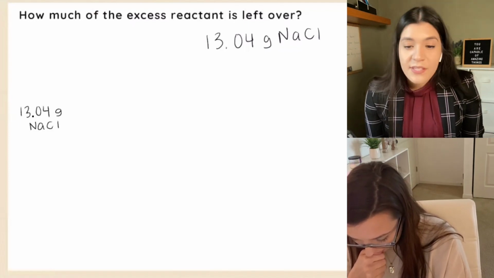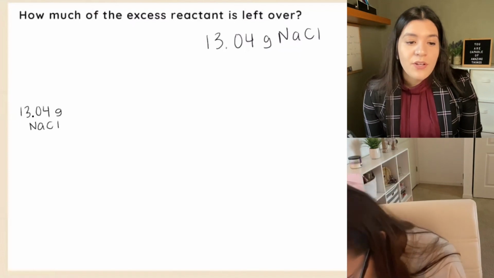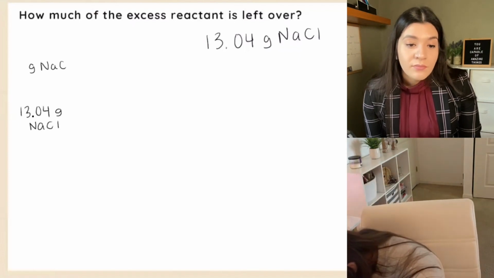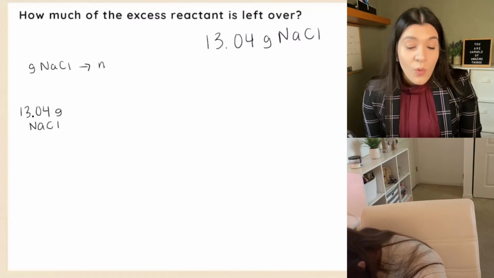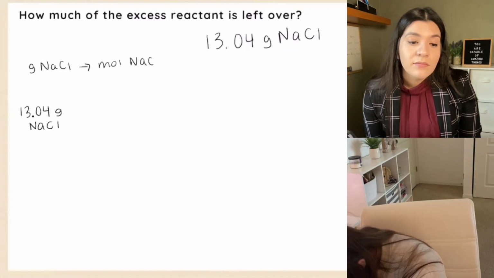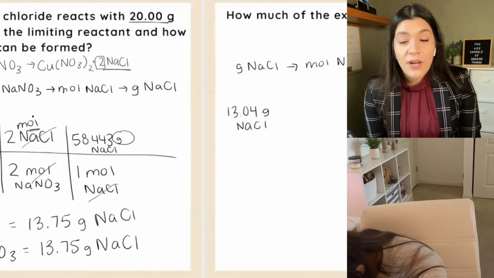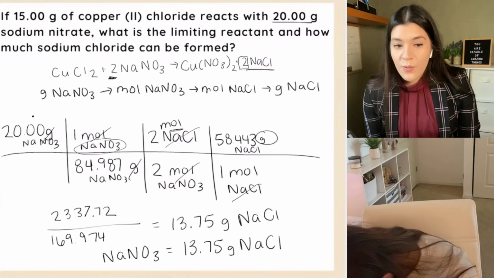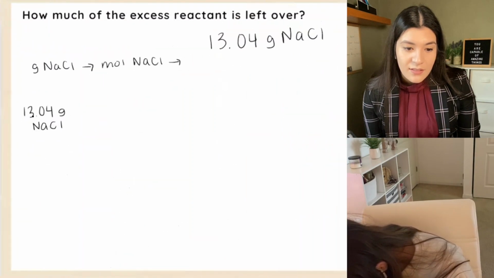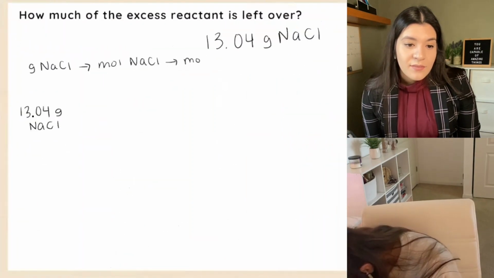So we'll write down the steps again. If we want to do grams of NaCl, we're going to get to moles of NaCl. Now we're trying to change the compound to the excess reactant. What was our excess reactant? Yes, correct, NaNO3.